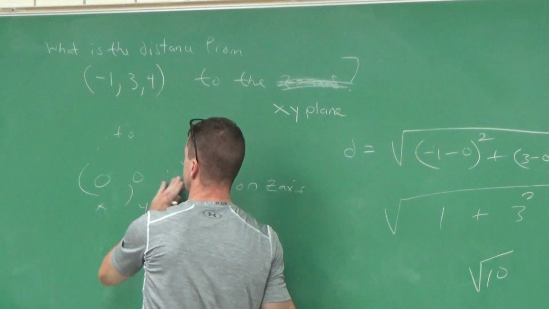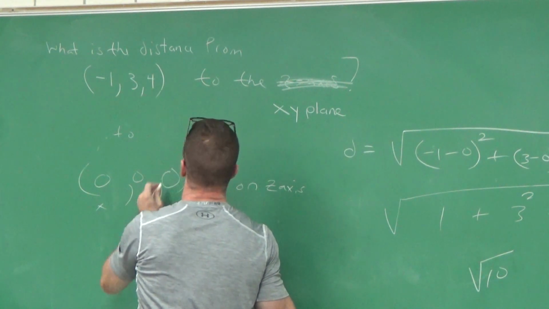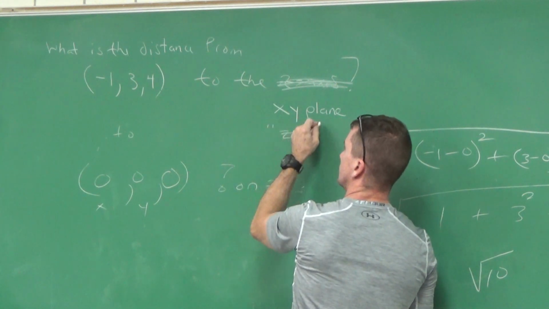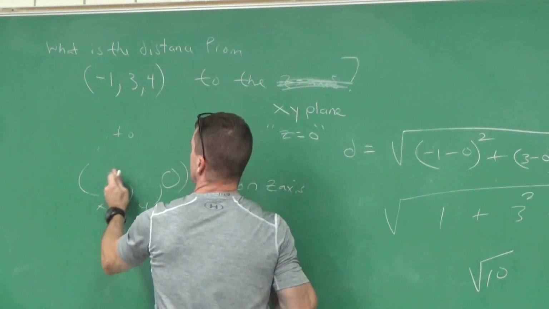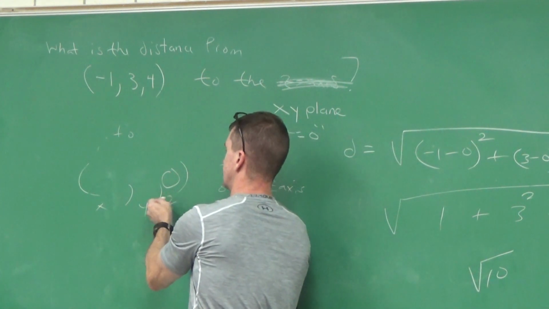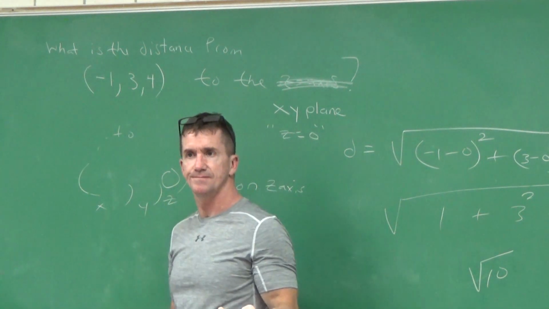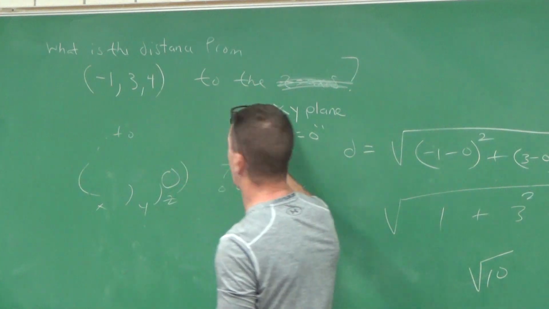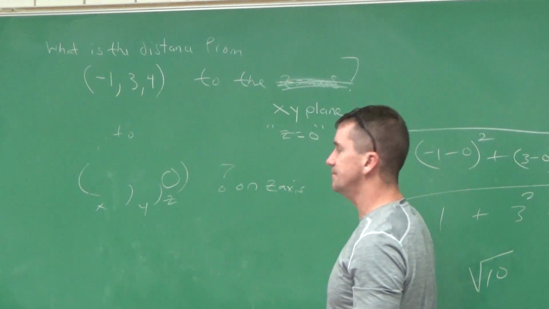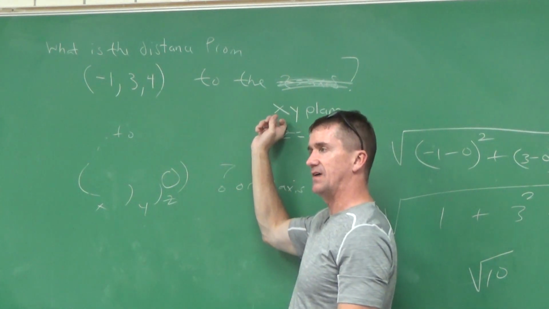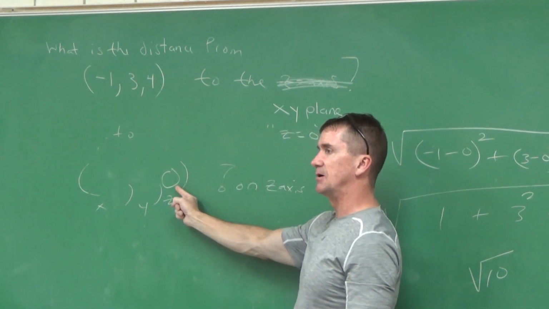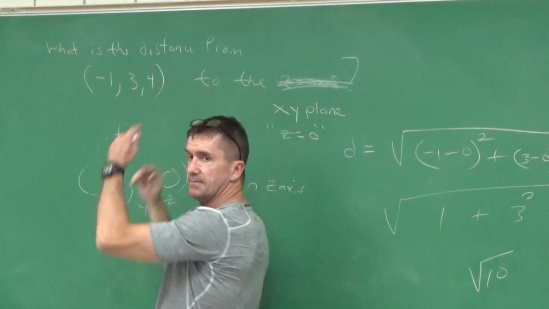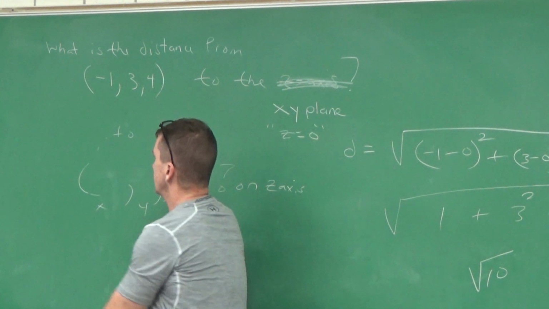In the xy plane, z equals 0, so you have to make this a 1. I just wanted to change the problem a little bit. I know we just did the z-axis. What about the xy plane? Well, in the xy plane, z takes on the value of 0, so this would have to be 0. But you know what you'd use here? You'd use those same numbers. That's what you do.